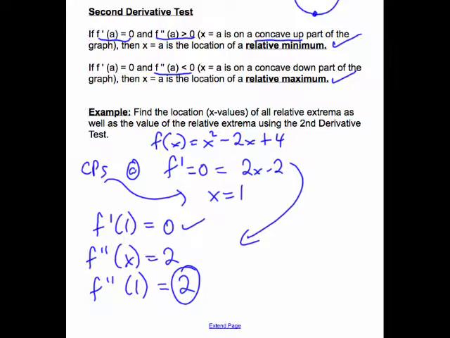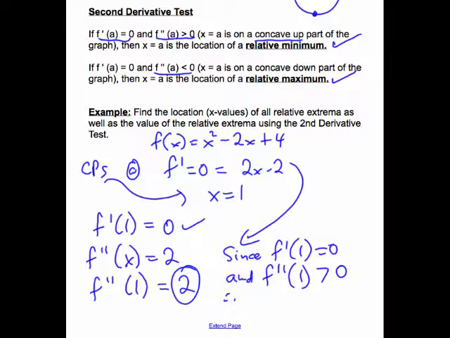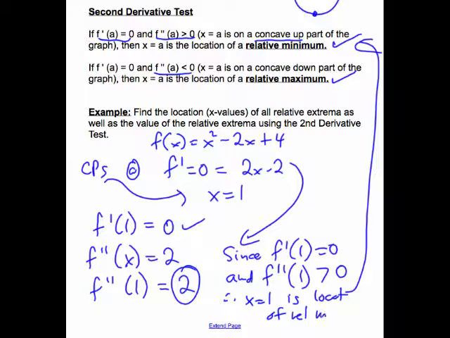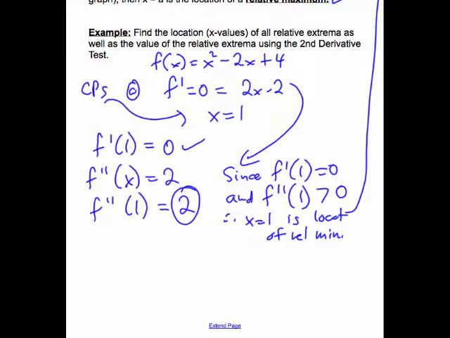And so since my second derivative is positive, since the first derivative was 0, and the second derivative at 1 was positive, therefore x equals 1, by the second derivative test, is the location of a relative min. And the value of the relative min is f of 1, which we previously calculated to be positive 3.